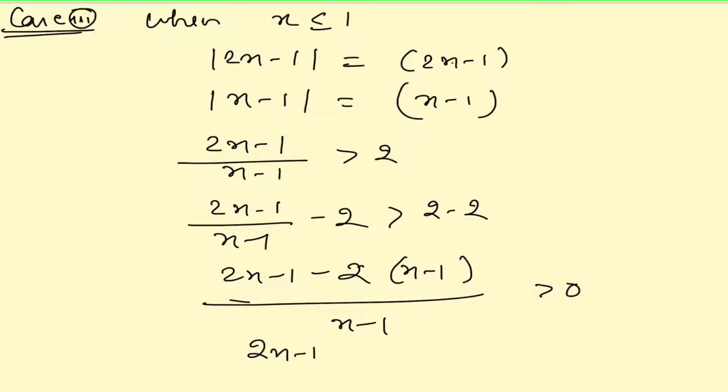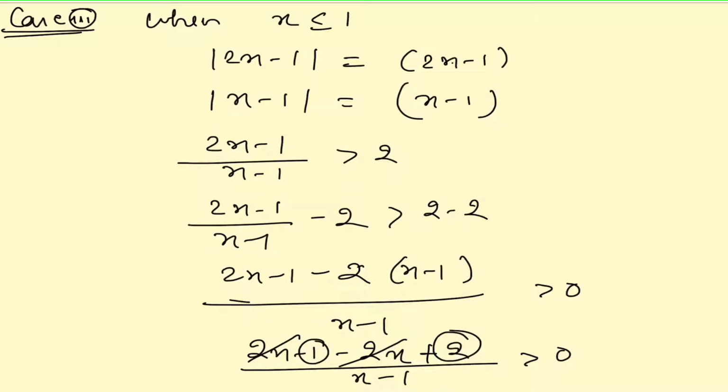That is 2x minus 1 minus 2x plus 2, whole upon x minus 1 greater than 0. 2x minus 2x cancel out, and plus 2 minus 1 is 1, so 1 upon x minus 1 is greater than 0.